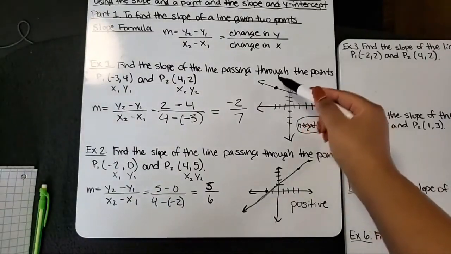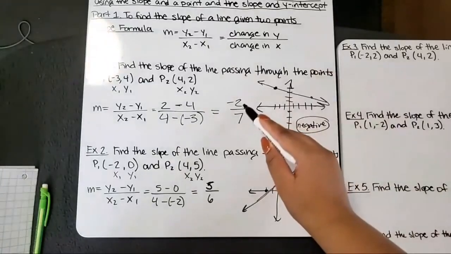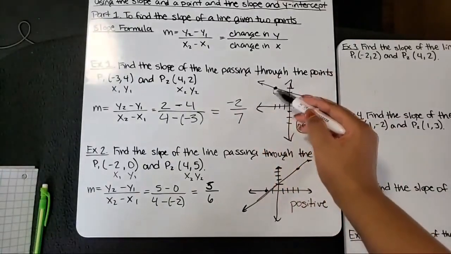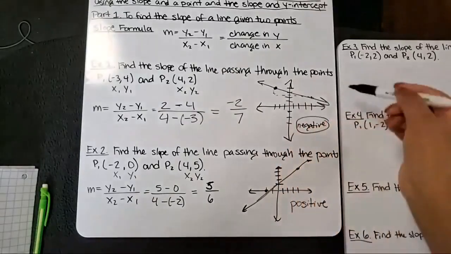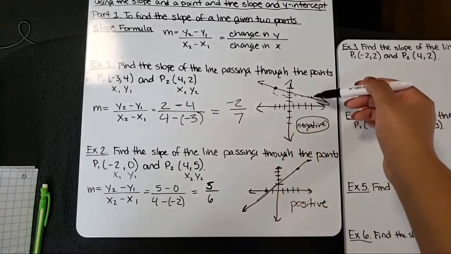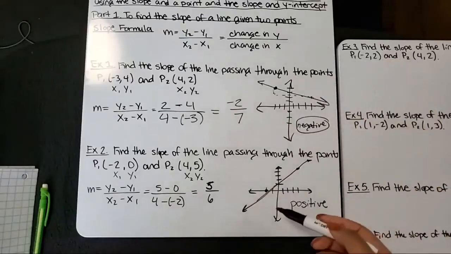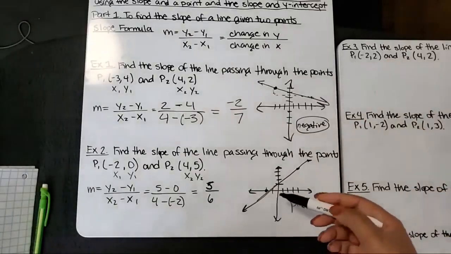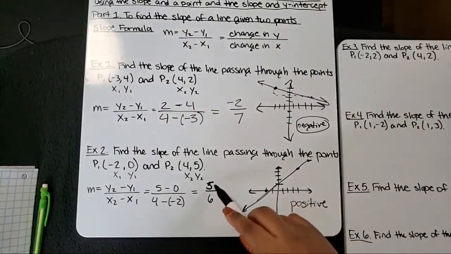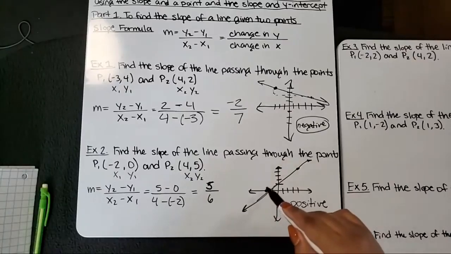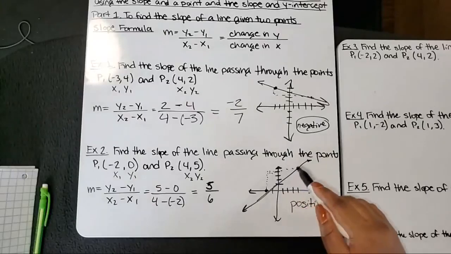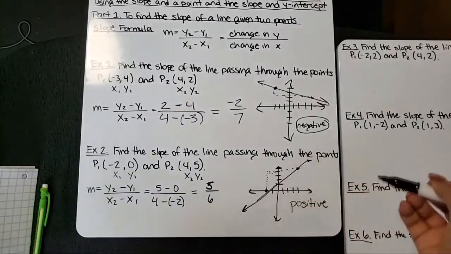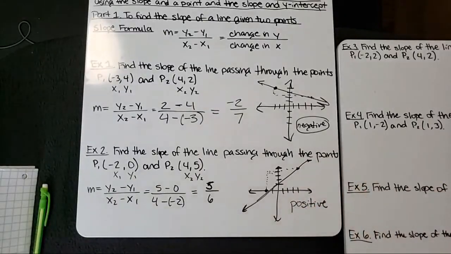With slope, because slope is the change in y over the change in x, coming from this point, if I go down 2 and to the right 7, it will put me at my next point. For example 2, we have positive 5 over 6, so I can go up 5 and to the right 6, and that'll put me at my next point.